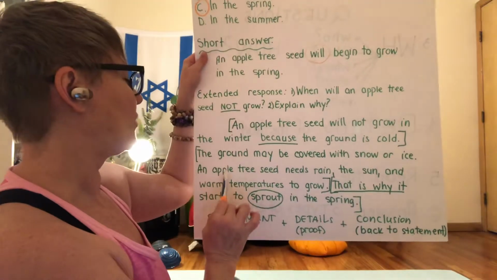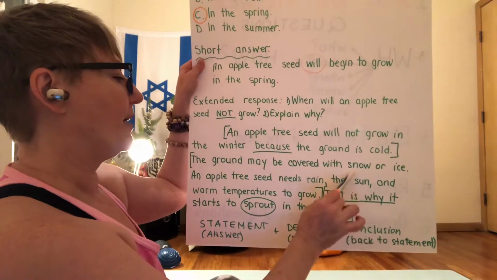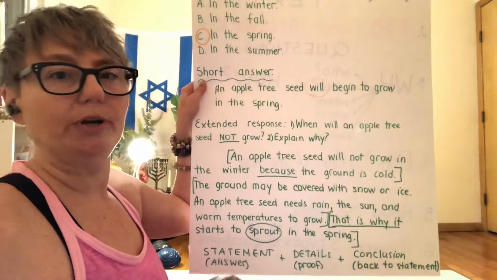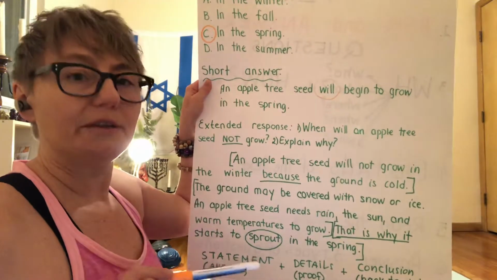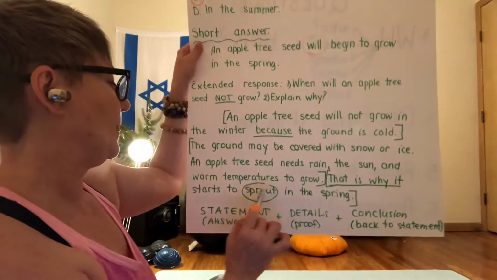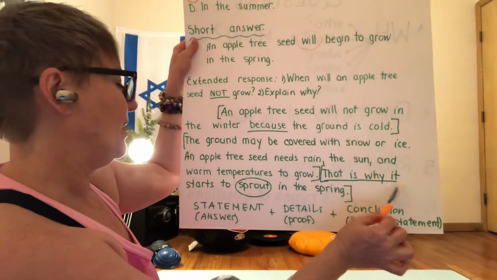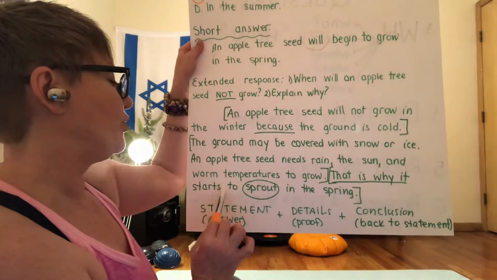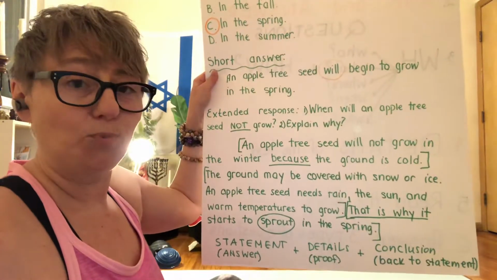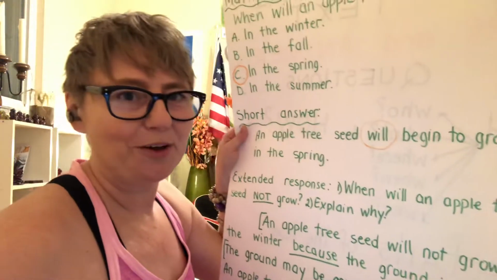An apple tree seed needs rain, the sun, and warm temperatures to grow. That is why it starts to sprout in the spring.